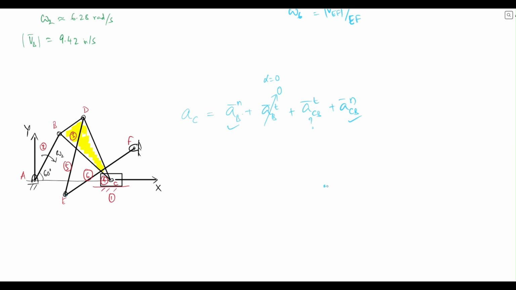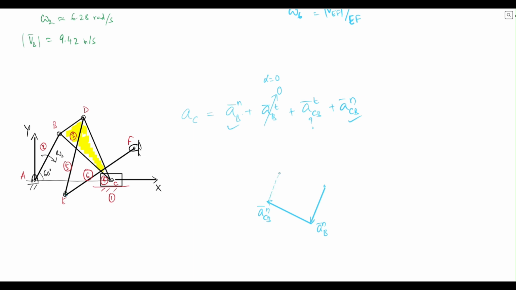So we can draw the acceleration diagram. This is acceleration of point B normal. We know there is no tangential acceleration to point B. So we can then go to acceleration of C with respect to B. And it goes in this way, acceleration of C with respect to B. This is normal. And then the tangential component of that should be perpendicular.